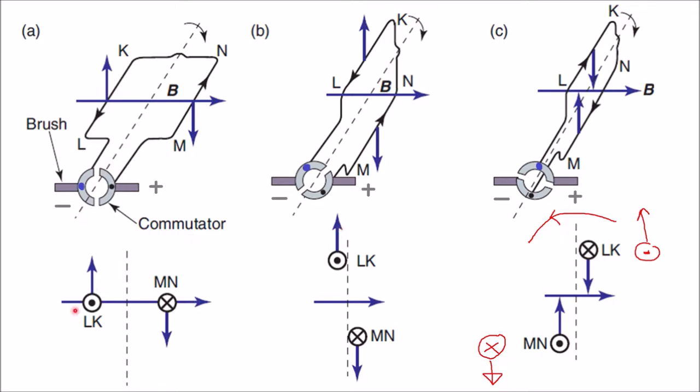Not quite the same as when they were over here, because that unbalance in net forces allows it to rotate. This, on the other hand, the net forces are directly above and below each other in the same magnitude but in opposite directions. So they effectively cancel each other out. That's why there is no force of rotation when the plane of the coil is perpendicular to the magnetic field. Not because the force is exactly gone, but they've cancelled each other out on both sides. Okay? And that's why it won't really work for the motor, at least.